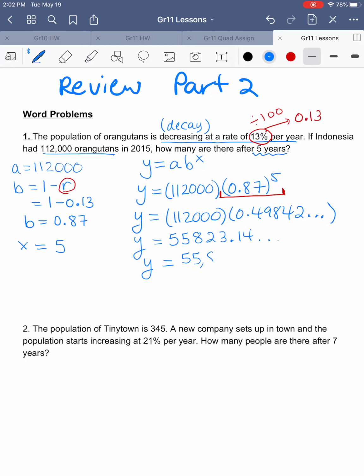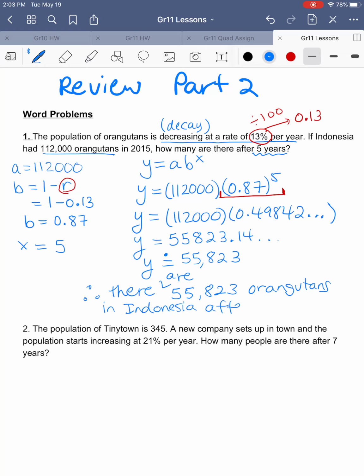So you get 55,823. Now, because it's a word problem, we should write a summary sentence or a paraphrase. So therefore, there are 55,823 orangutans in Indonesia after 5 years.